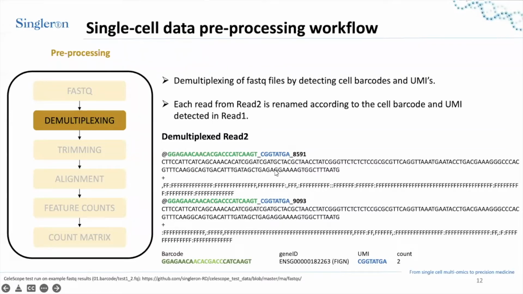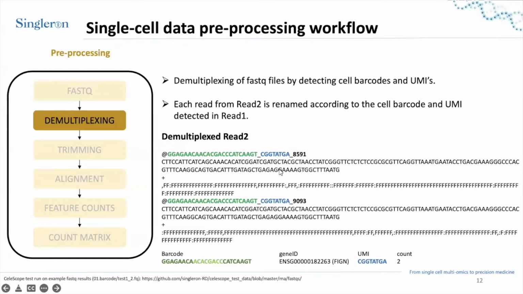And in this step, there are a few filters applied to read 1 as well. So for those reads without the linker sequences and those without the correct barcode, so for the read 1 without proper poly-T tails or the low quality reads, they will all be removed so that the corresponding read 2 will not appear in these Fastq files.